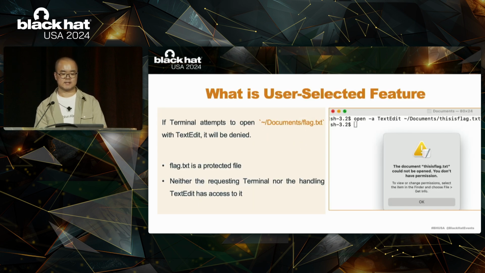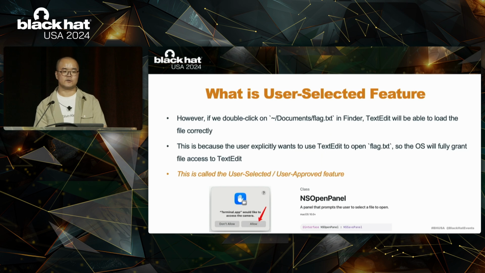If Terminal attempts to open flag.txt with TextEdit, it will be denied because neither the requesting Terminal nor the handling TextEdit has access to it. However, if we double-click flag.txt in Finder, TextEdit will be able to load the file correctly.